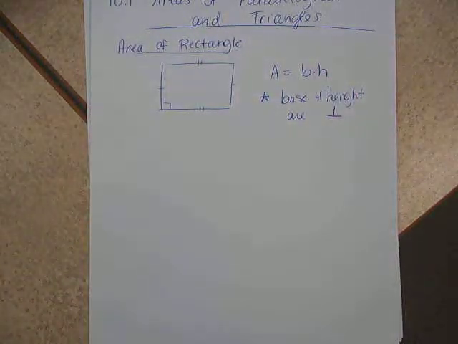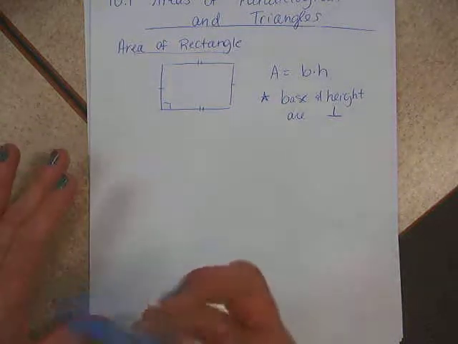Now, the reason they start with the area of the rectangle is because the parallelogram has a nice little relationship, and if you understand the relationship to the rectangle, you've already got the formula.